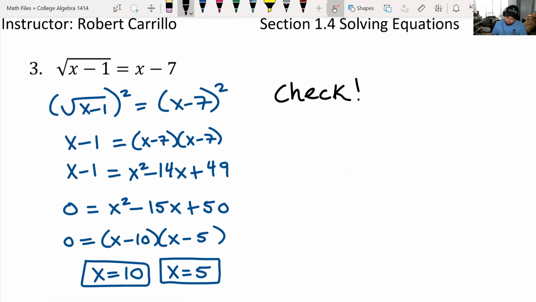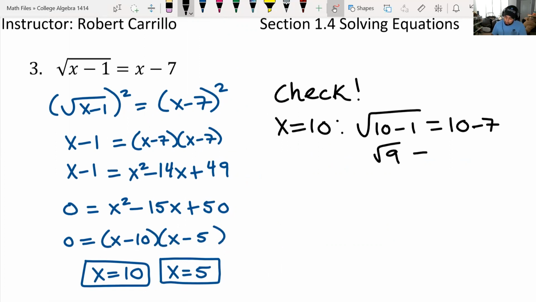I'll do 10, so the square root of 10 minus 1 equals 10 minus 7. Square root of 9 equals 3. And that's already a true statement. Or you can go one more and say 3 equals 3. So 10 checks out.